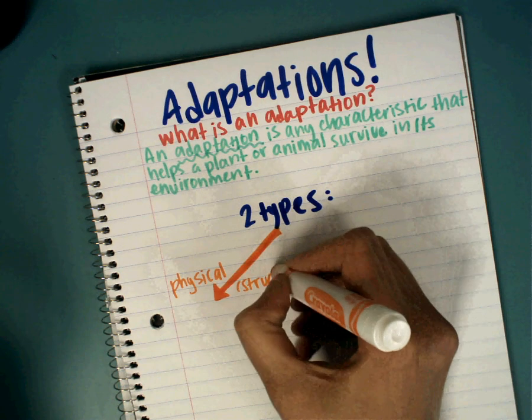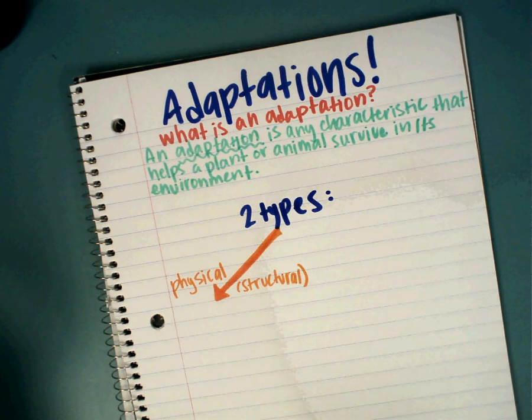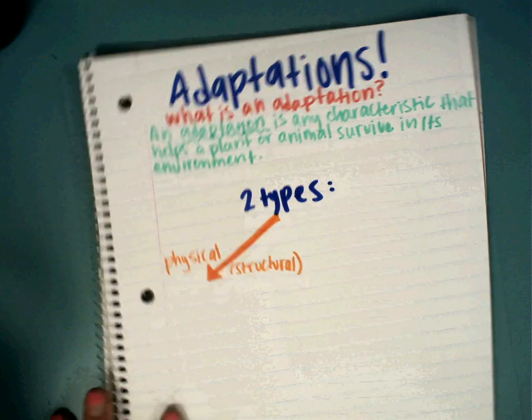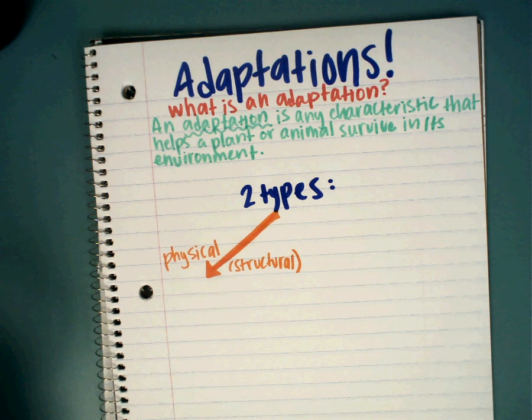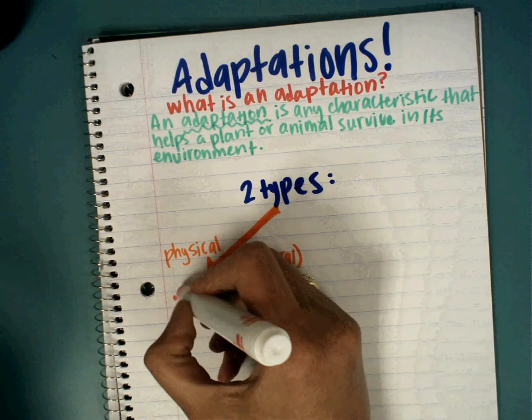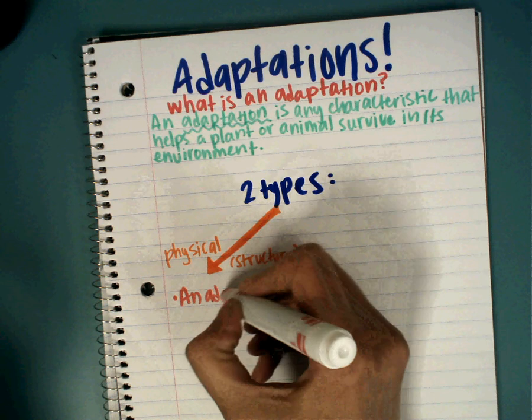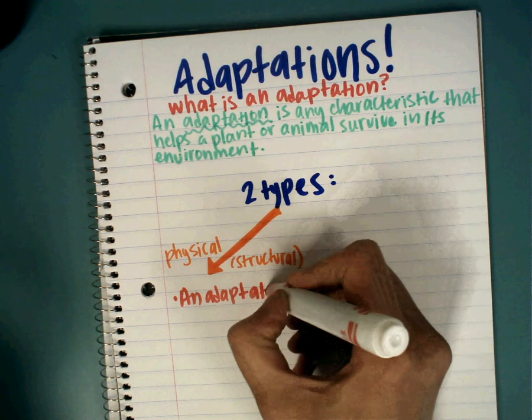I want you to think about it: if it's physical characteristics or physical adaptations, what do you think that's going to be? Probably something you can see, right? So physical adaptation is also called external. External means, ex means on the outside, right? So external means something on the outside, something you can see. So this is an adaptation you can see.